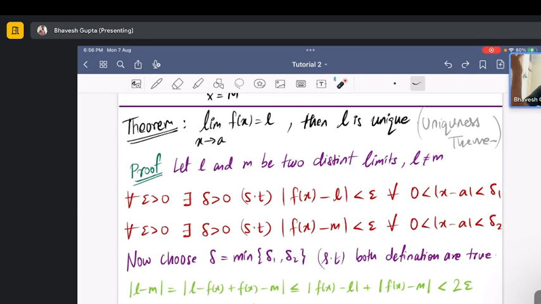For example, I have two different limits, two different limiting values. So this is what the first statement tells you, that they have distinct limits. I will try to prove that counter statement, and if I fail to prove it, then I'll say my counter statement is wrong. Thus, my actual statement is correct.